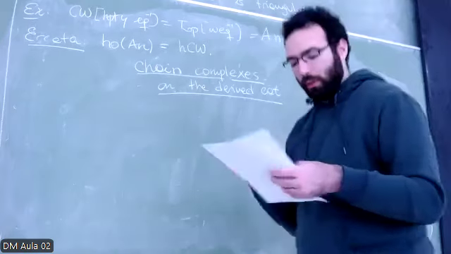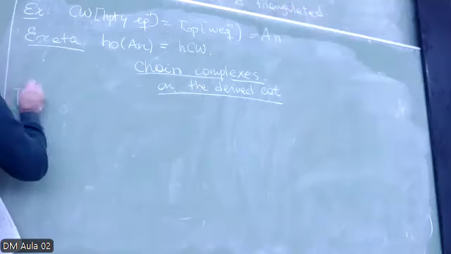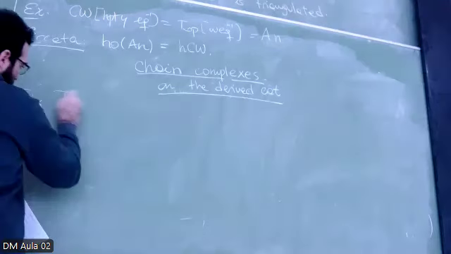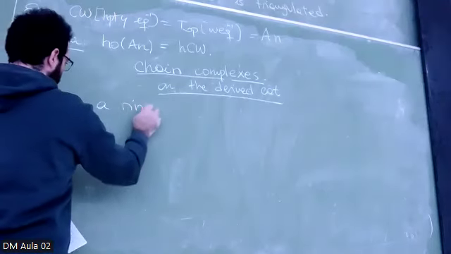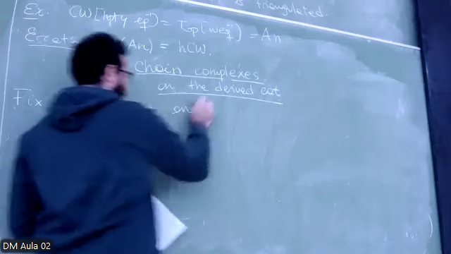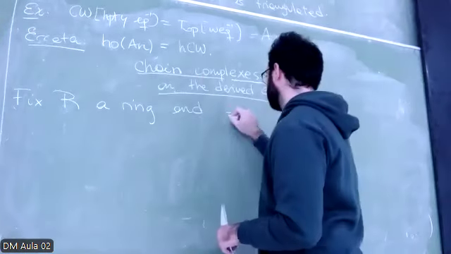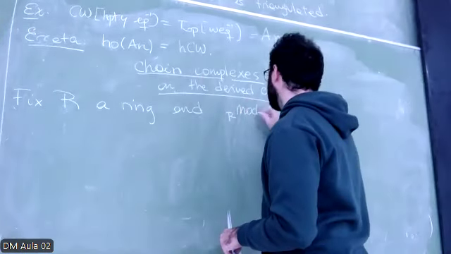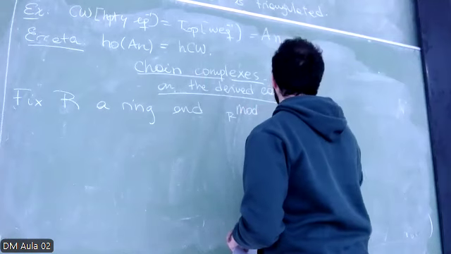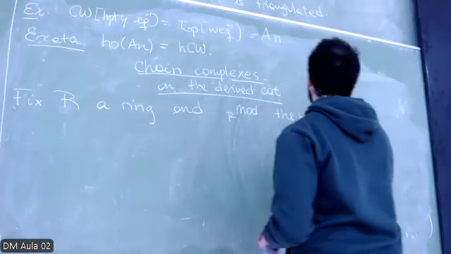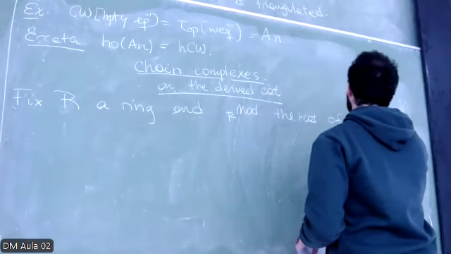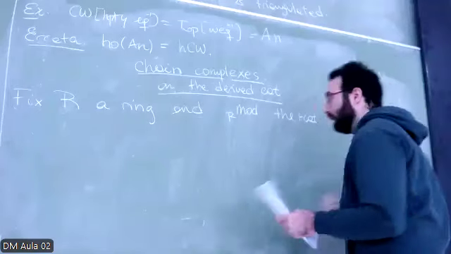Okay, so I will fix R a ring and R mod the category, the one category of modules, say on the left.